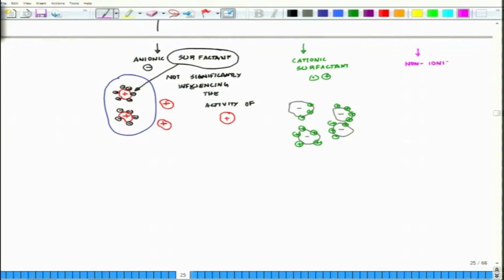Similarly, you could have non-ionic surfactants, the third one. Non-ionic surfactants are interesting. They do not have any kind of charge on them. So, what you have is a situation like this.